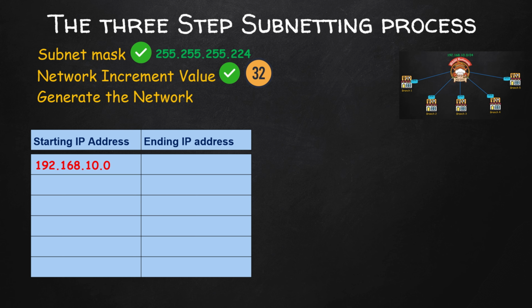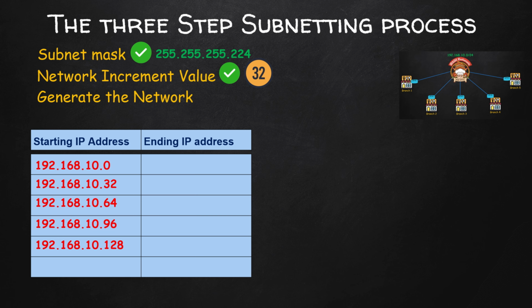So add the number 32 to your host part, and you will get your next network as 192.168.10.32. Then again add 32 to the current network, and you get your next network, that is 192.168.10.64. Again add 32, you get 192.168.10.96. Add 32 again, then you get 192.168.10.128.